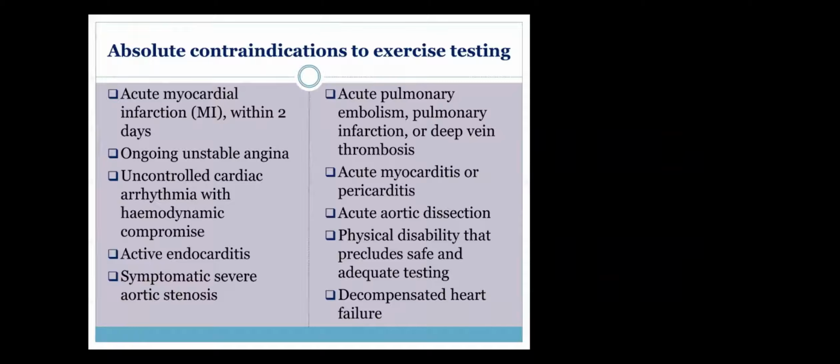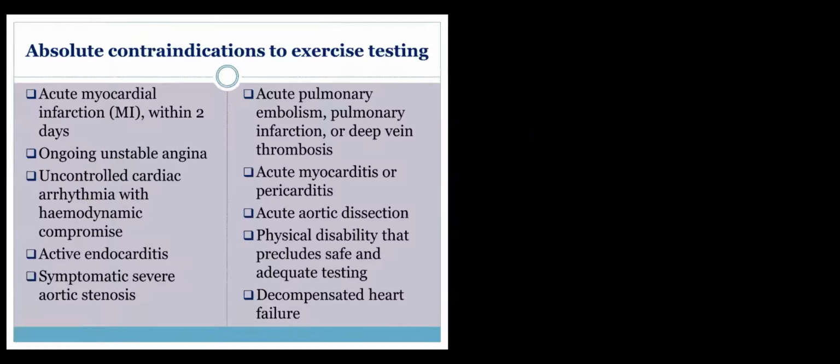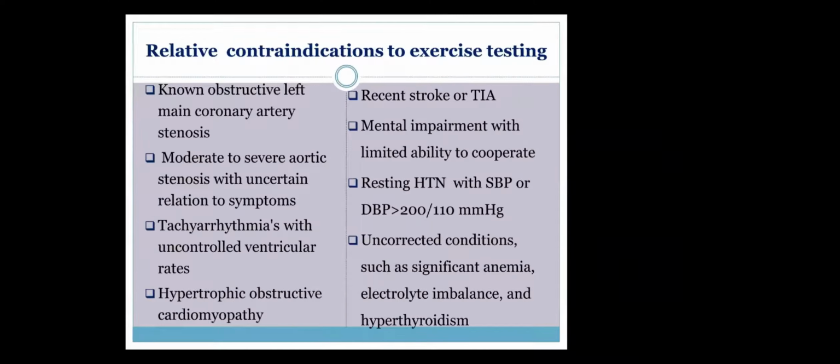The relative contraindications to exercise testing are non-obstructive left main coronary artery stenosis or moderate to severe aortic stenosis with uncertain relation to symptoms, tachyarrhythmias with uncontrolled ventricular rates, hypertrophic obstructive cardiomyopathy, recent stroke or any history of transient ischemic attack, mental impairment with limited ability to cooperate.